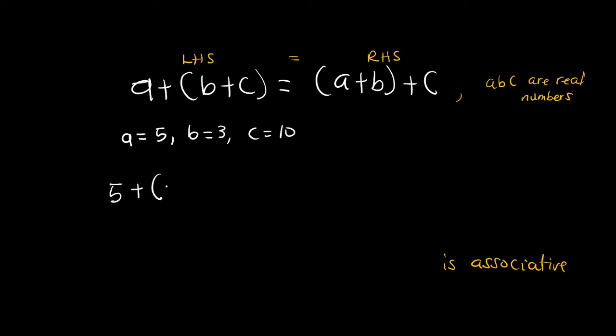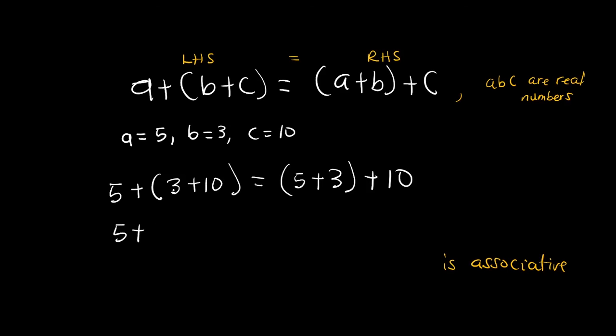If I do the substitution into the expression, my a will be 5 plus (my b is 3 plus 10), and this is equal to 5 plus the b, which is 3, plus my c, which is 10. So I maintain the 5, plus 3 plus 10 gives me 13.